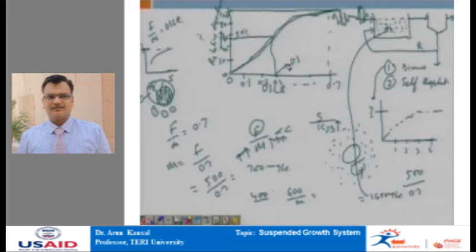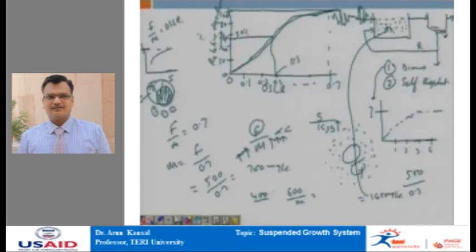Of course, we cannot give a guaranteed quality of the effluent, it can vary from 20 milligrams to 30 milligrams, and there are always some fluctuations in the treated effluent because a microbial or bacterial system has its own gestation period.